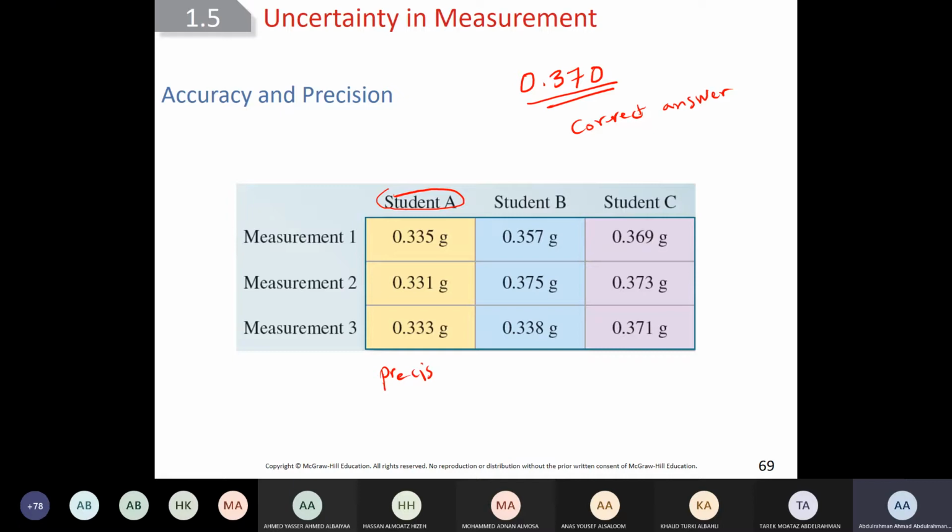Precise only. Precise, not accurate. How about student B? Neither.